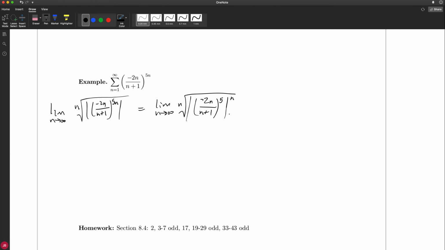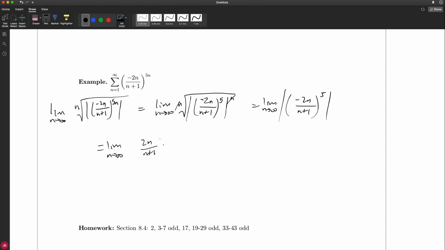And here we see, again, the powers canceling. So this is just the limit as n goes to infinity of minus 2n over n plus 1 all to the 5th, inside absolute value, right? We need the absolute value. Now we can move the absolute value inside the power 5. And now the absolute value of minus 2n over n plus 1 is positive 2n over n plus 1. So this is the limit as n goes to infinity of 2n over n plus 1, all to the 5th.